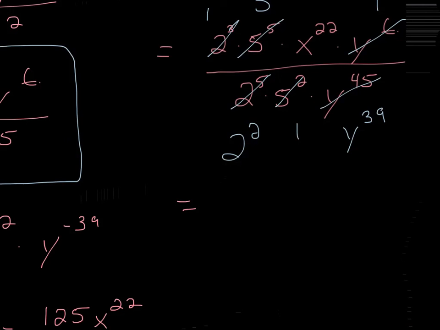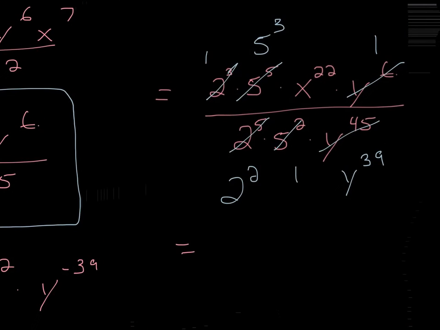Being left with 5 to the 3rd times x to the 22nd on top, and 2 squared and y to the 39th on bottom.